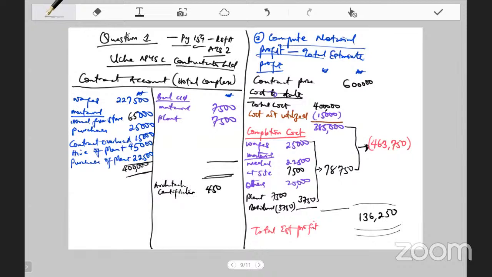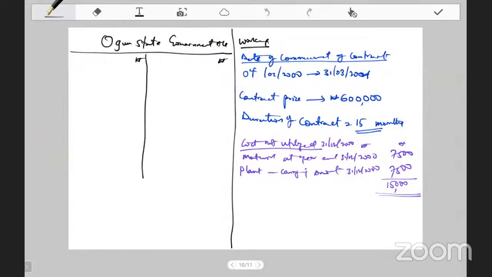That is 450,000, and that is what the contractee will recognize as owing. So I'll bring it here: architect certification, 450,000.